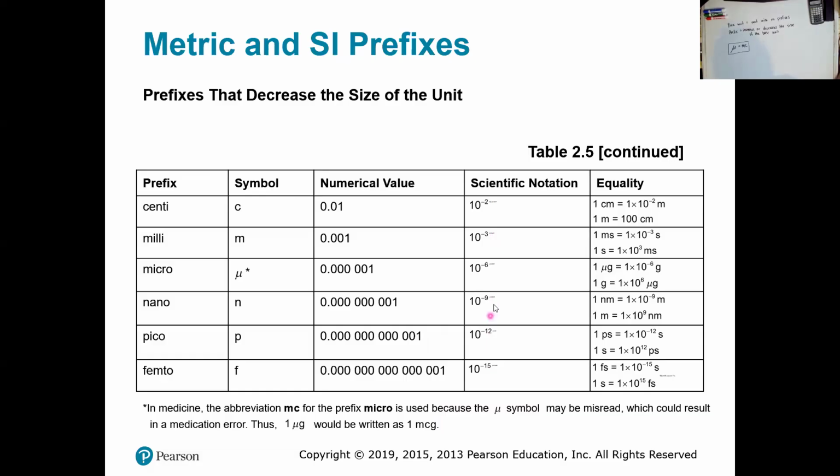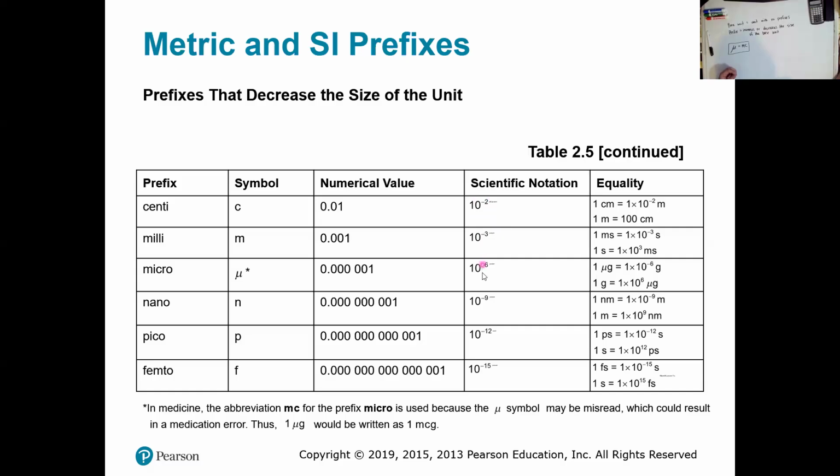When you are writing out equalities, the procedure that is going to be helpful for you to use is to equate one of your prefix values with this number of base units.